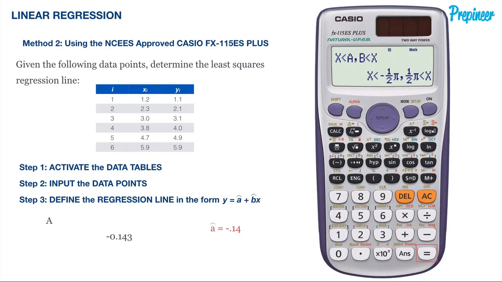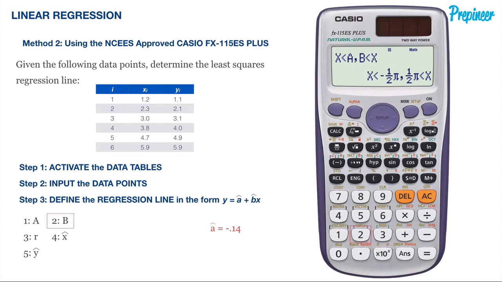We now need to determine the variable B. To do this, click the Shift button and then the 1 button again to activate that stat distribution functionality. You'll be brought back to this same menu as we saw before, but this time we'll still press 5 for option 5, regression. We will now see our regression menu.